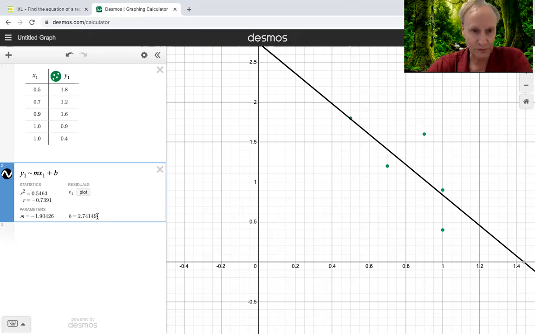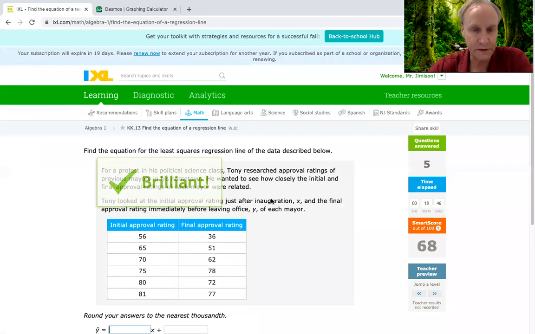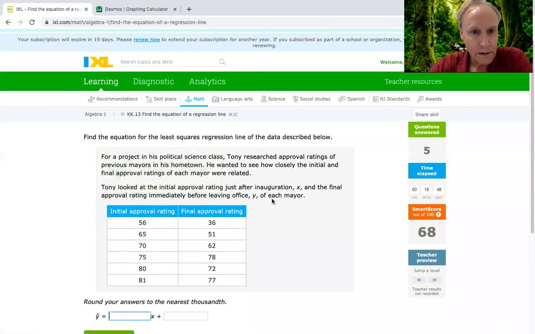Now, what this represents is if she sits in one place and doesn't move for the time period of the rainstorm or whatever, we will expect her to get almost 3 liters of water saturating her clothing. So 2.741. There we go. Hopefully I got him in there correctly. All right.